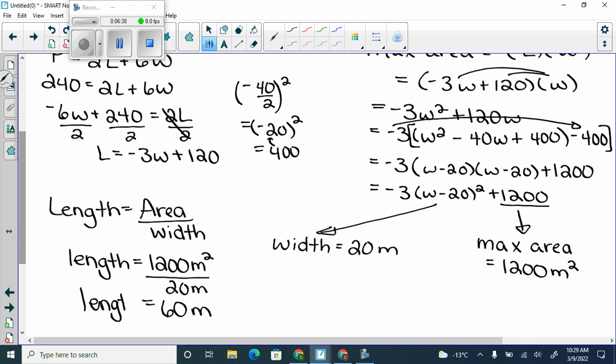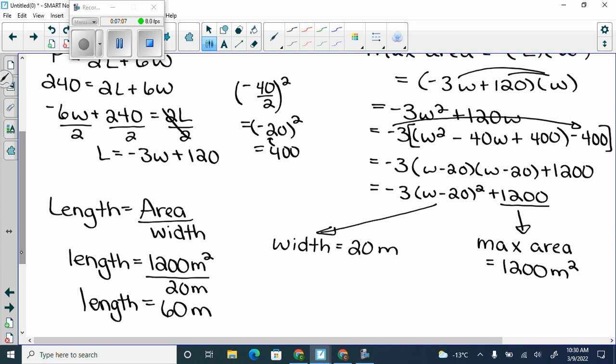So if I ask you for the dimensions, they are 60 meters by 20 meters, right? That's what the dimensions are. It's like, what are all the dimensions of this thing? And then the max area is how much you would get in the end out of all of this if I actually built this structure, right? This would be what would get me the largest structure with the perimeter of fencing I gave you, right? If I change the perimeter of fencing, it's going to change all these numbers, right?